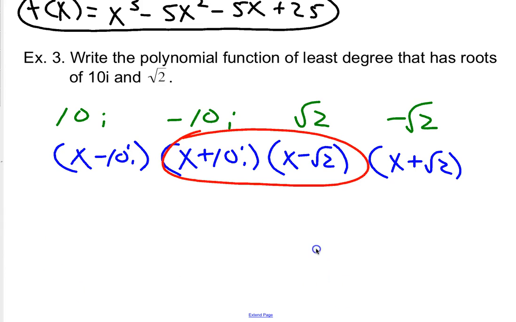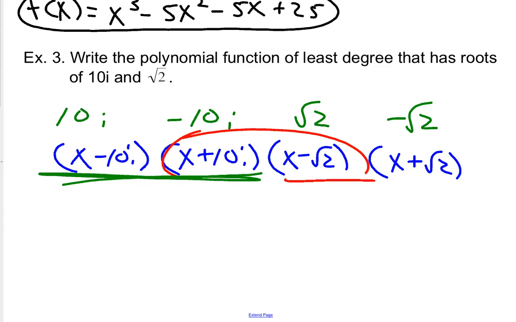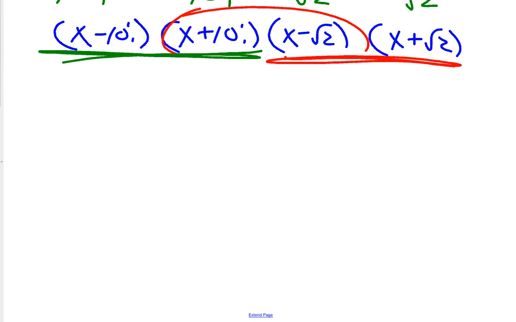Well, I'm going to go ahead and leave it. It's got covered up. I'll have to erase a little bit there. Alright, so what I want to put together is these two. Then I want to put together these two. Then, after that, I'll take those two new answers and put them all together. Okay, so make sure to multiply the conjugates.